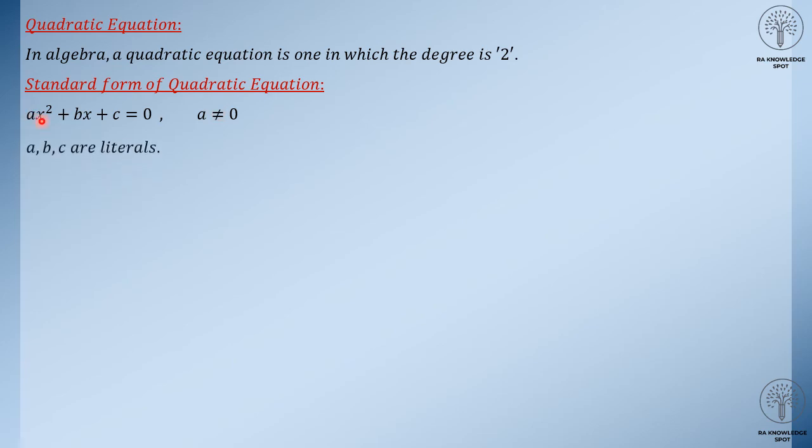Then what are a, b and c? These a, b and c are normally called literals, while a number like minus 10, 5, 6, 100, whatever the number is, is treated as a constant. And x is the variable. This could also happen with the y variable.